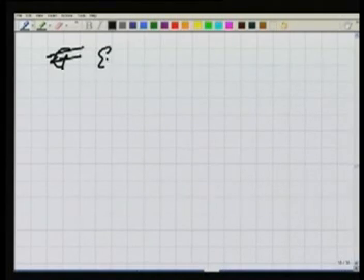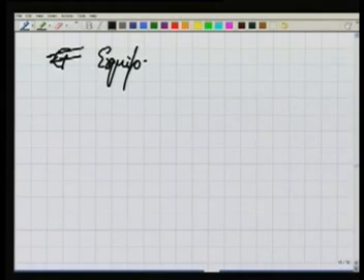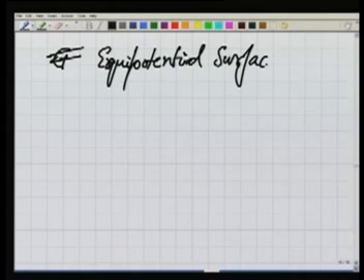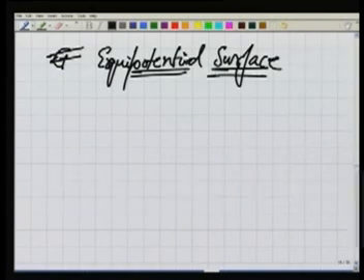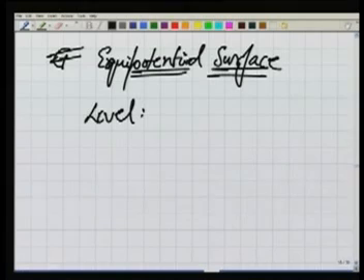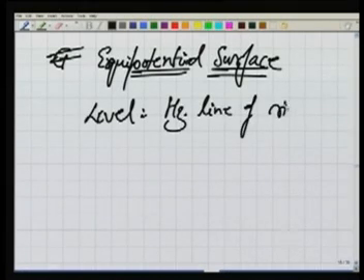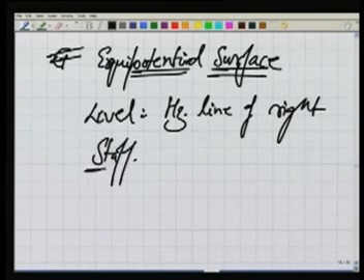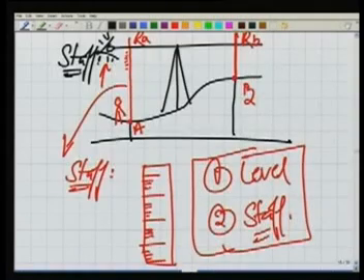How do our level, which gives you a horizontal line of sight, and the staff, how do we make use of these two in order to measure from the equipotential surface? Because the principle that we are talking about so far, in this case, this is a horizontal datum and that's the horizontal line of sight. Well, no problem.